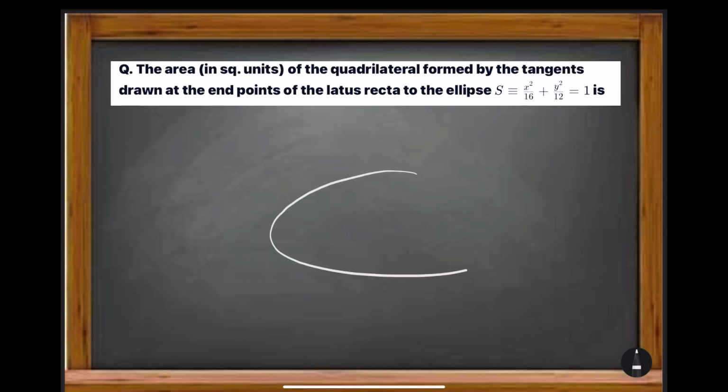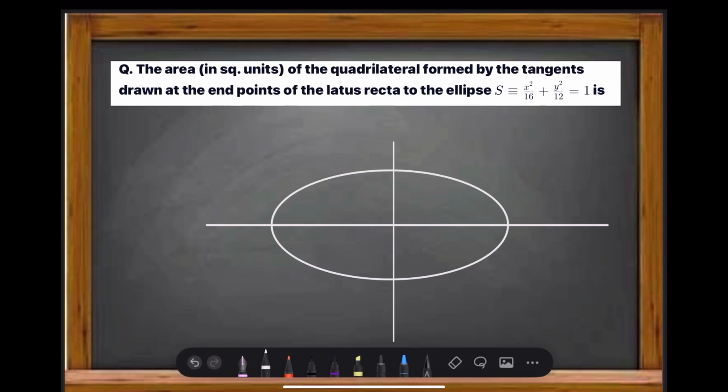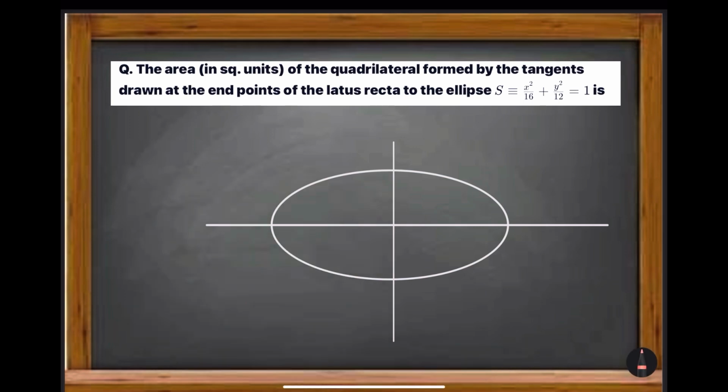So let's try to draw the diagram for better clarity. Look at this. You know that this ellipse is symmetric about the origin, correct? So suppose that these are your foci. So if it is a focus, it is AE comma 0, and this will become minus AE comma 0.